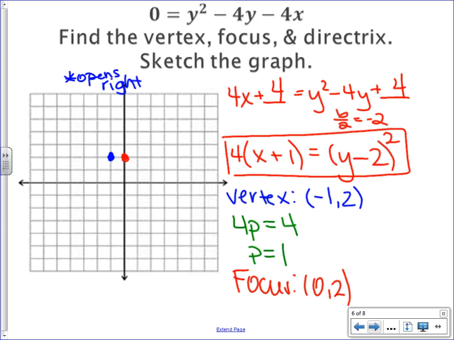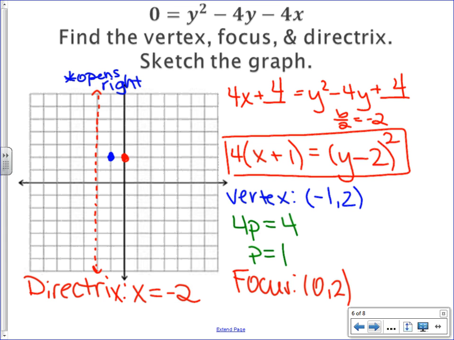So I'm going to move 1 in the other direction, and I know our directrix has to be perpendicular to the axis of symmetry. So our directrix is what line? X equals -2. So we have the three important things identified: the vertex, the focus, and the directrix.